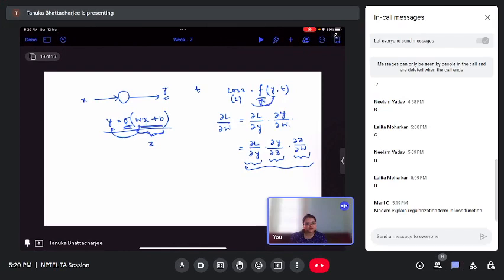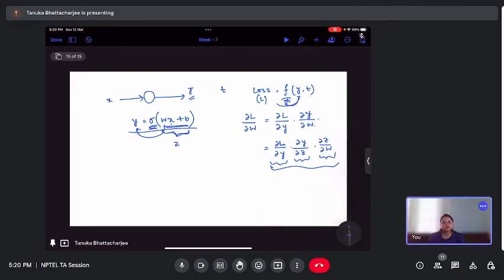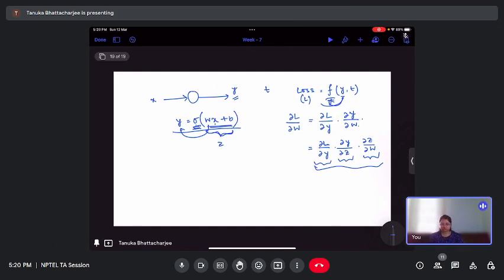Mani is asking, explain the regularization term in the loss function. Okay, so Mani, regularization is basically, in order to make your network not overfit to some particular data set, we use different types of regularization techniques.